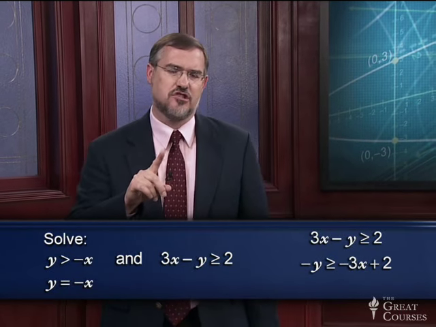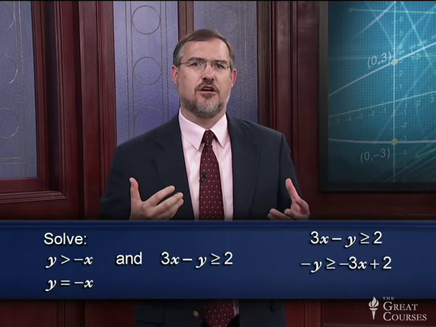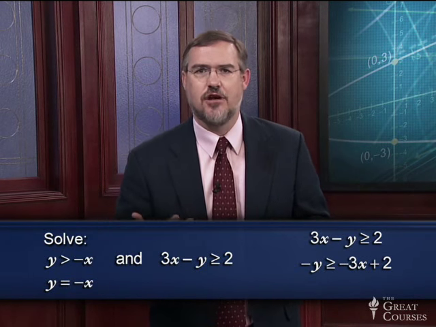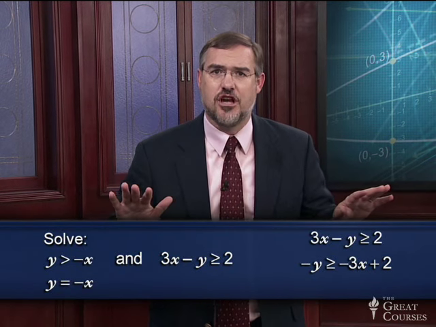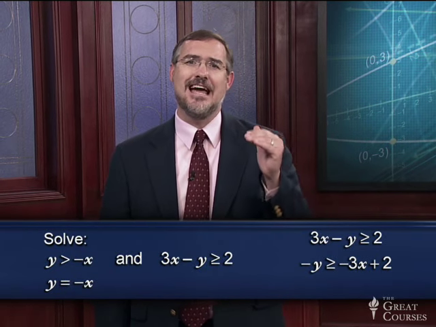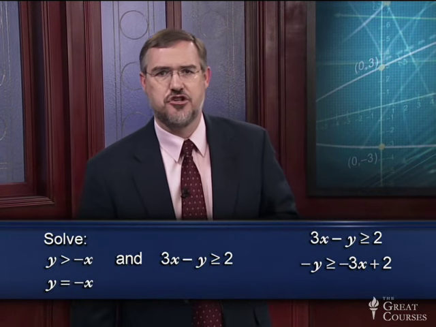Now let me just remind you of something. When you add a negative 3x like that to both sides of an inequality, or subtract 3x, the inequality symbol does not change. So I'm now at negative y is greater than or equal to negative 3x plus 2.